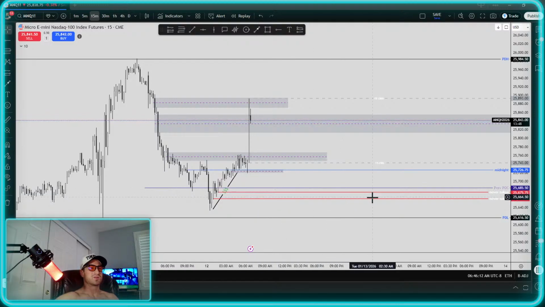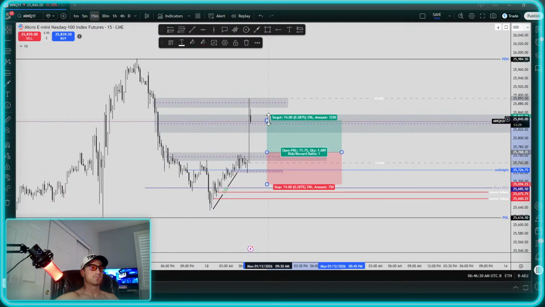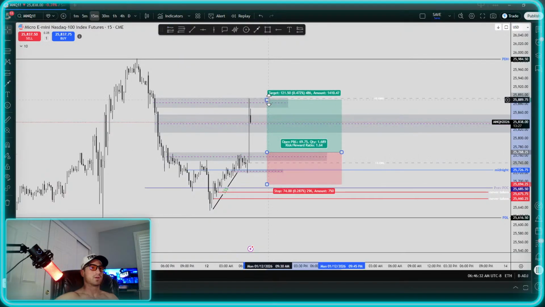Long continuations would be off of something here. I mean, we'll wait for something to develop here, if we retrace back into this area. Look along here. I'm not sure. Take it up to the high.